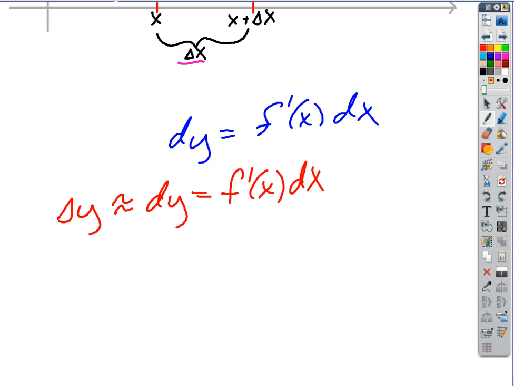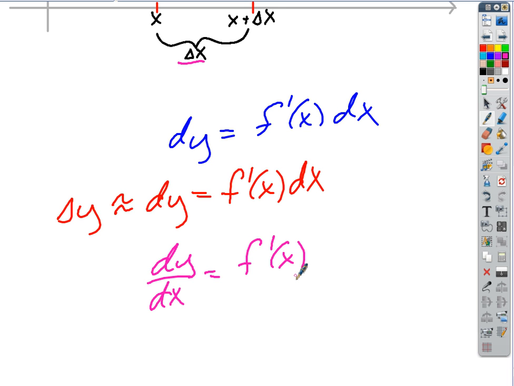Now, I want you to notice something else here. What if I started off with this equation? Here's a super easy way to remember this. That's one way to write a derivative, isn't it? That's what we call the quotient form of a derivative. Here's another way of writing the same derivative, f prime of x.